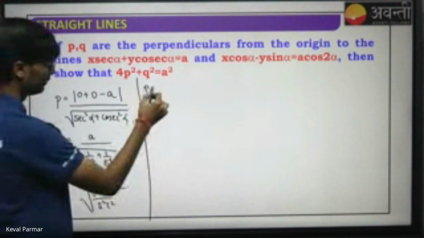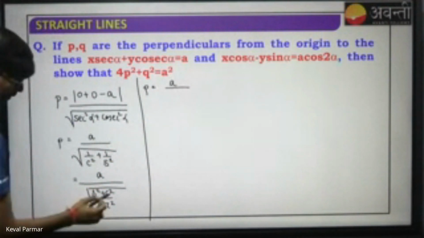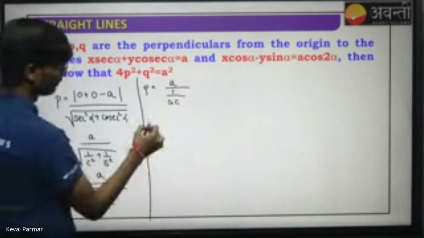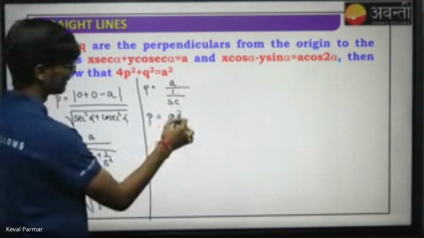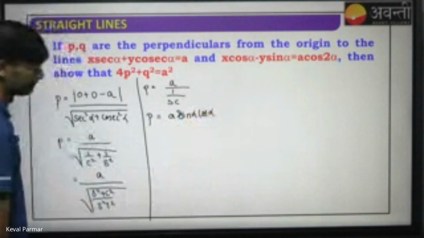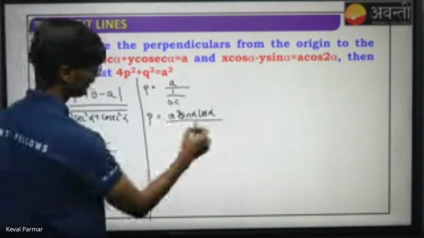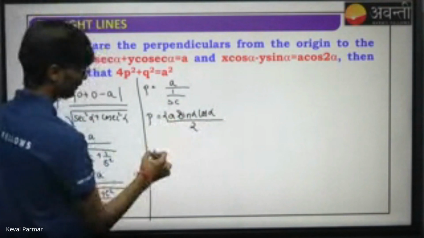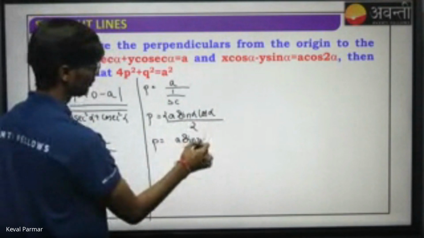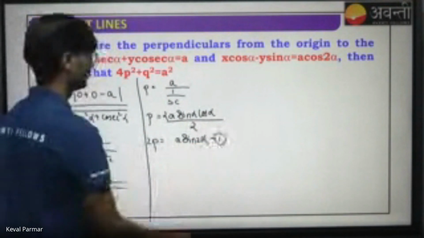Therefore, p will be equals to a upon, sine square plus cos square is 1, right? So I'll get 1 upon sine cos. So p is basically a sine alpha cos alpha. Correct? Let me multiply and divide by 2, because 2 sine alpha cos alpha is sine 2 alpha, and I cross multiply this, so I'll get 2p. Let this be equation number 1.